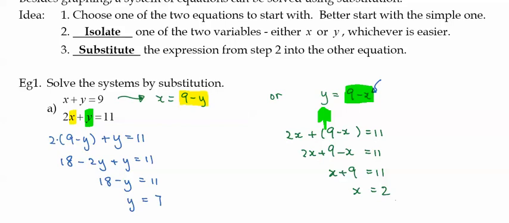Like using the first one, once I end up with y equals 7, I can put this number back into what we had with x equals 9 minus y, which is now 7. We can also come up with x equals 2 as a result.